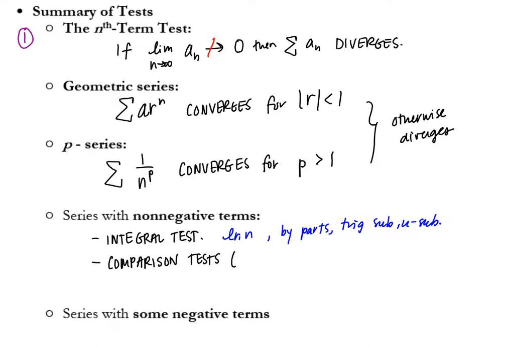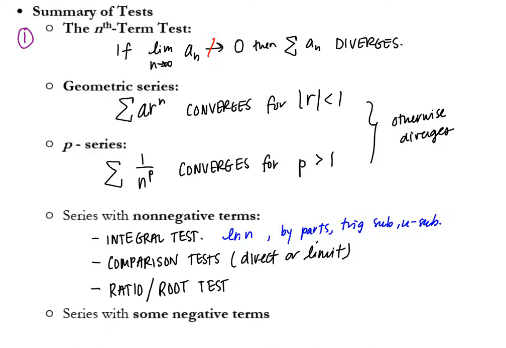Remember, there were the direct comparison test or the limit comparison test. And then if we had something that had factorials or something that looked kind of complicated, we wanted to simplify, we would do that with the ratio test, or anything raised to the power n, we would use the root test. So you have these options.